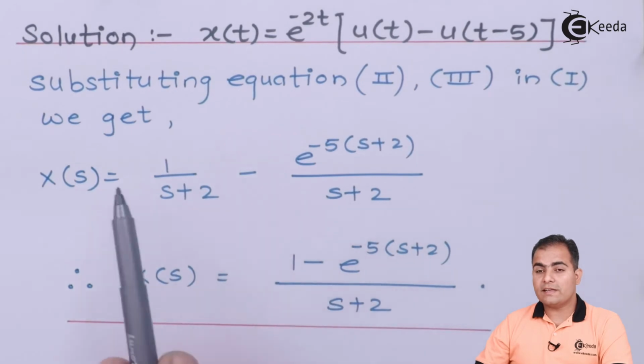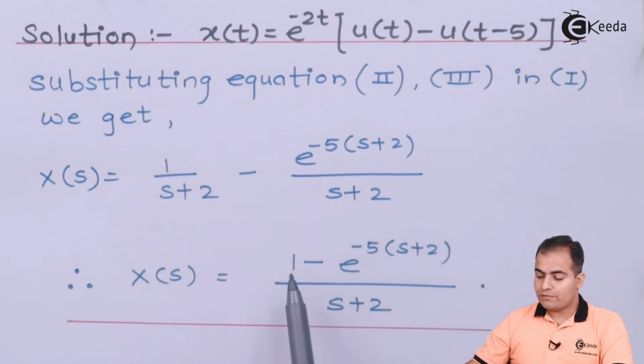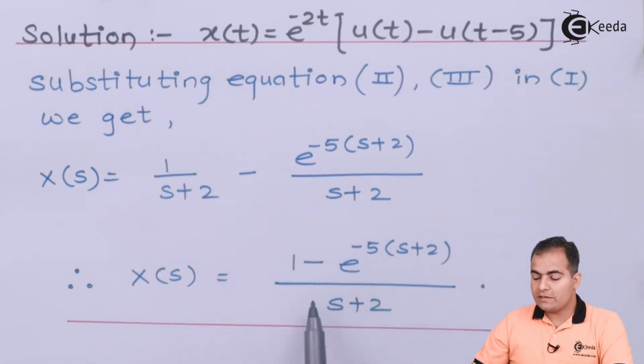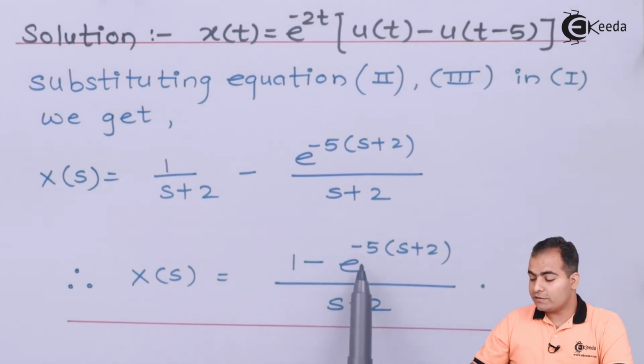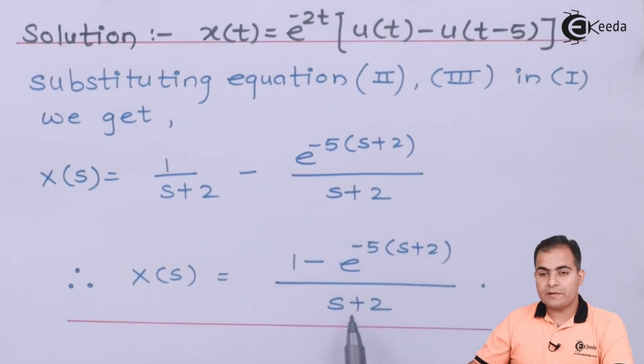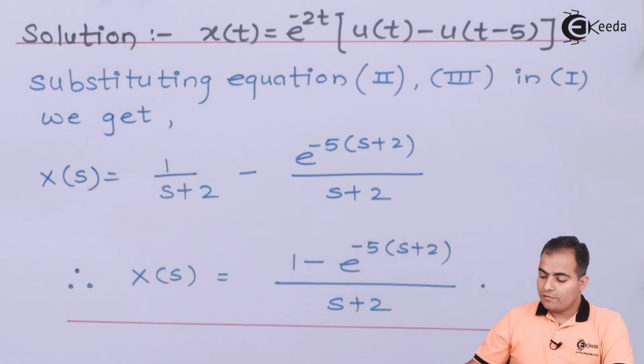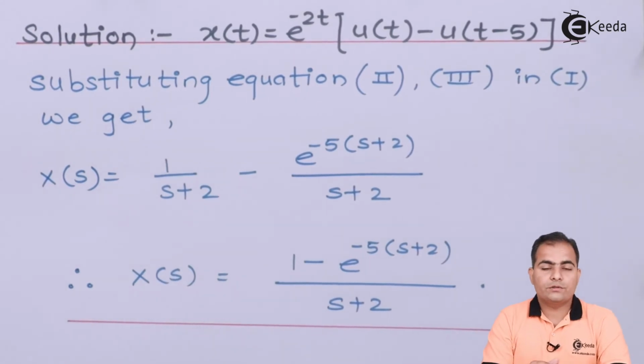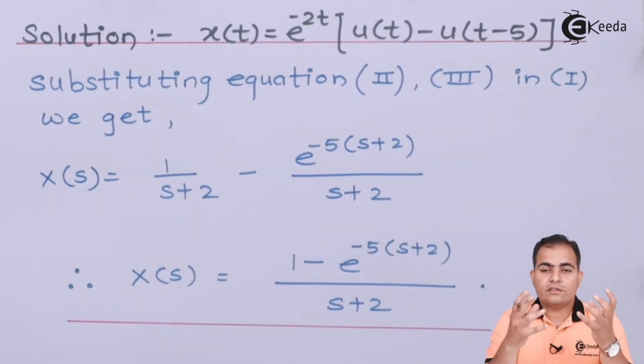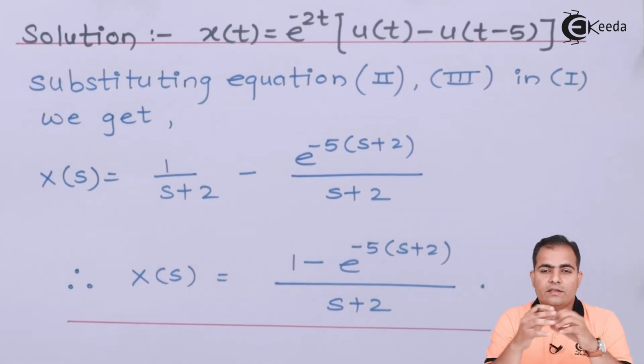The formula is a minus b by c. So I have used a minus b by c, that is 1 minus e to the power minus 5 times s plus 2, whole divided by s plus 2, and this is the simplest way. So we can solve a number of questions using this concept. If the function is present in product form, then try to solve it separately.